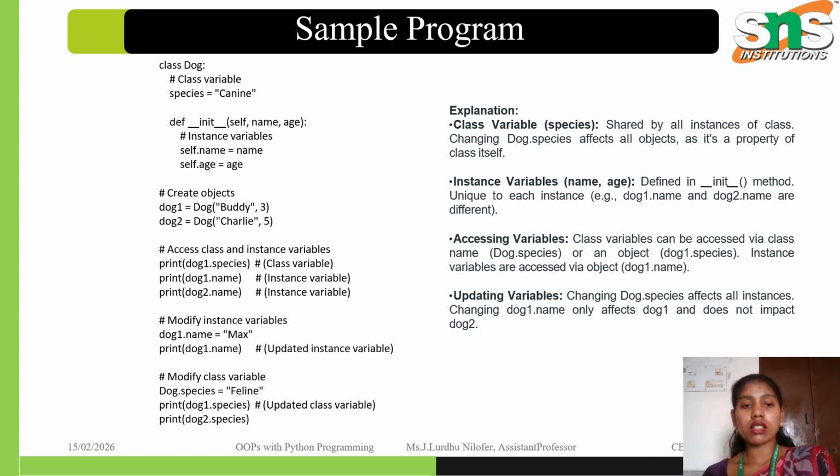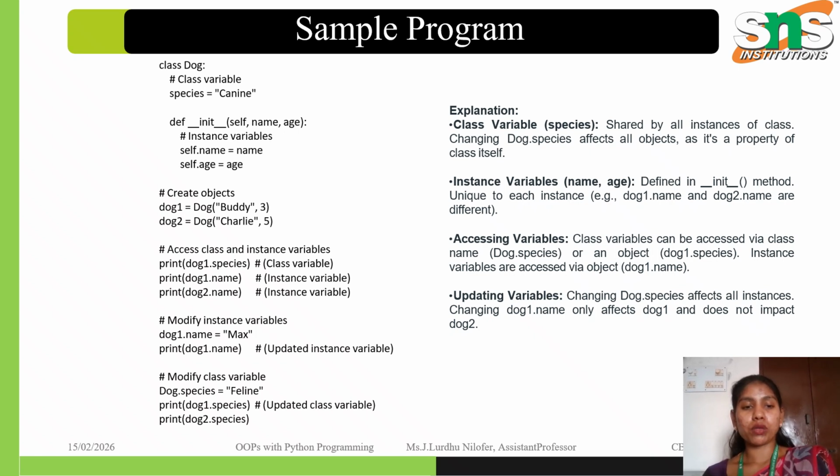We define the function __init__. Self is the instance, and name and age are the parameters. Then the instance variables: self dot name equals name, and self dot age equals age. These are the instance variables.